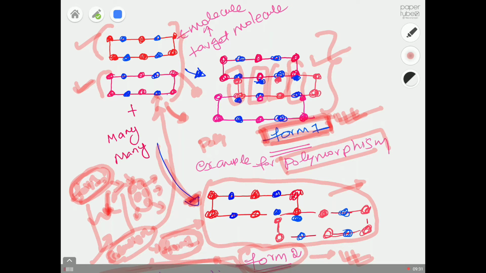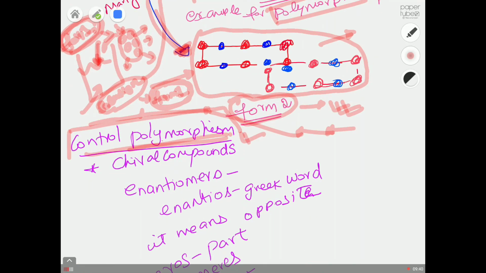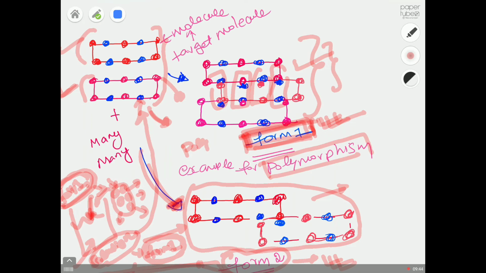This is such a cool experiment, and that's why industry goes for the crystal growth process. Whenever they want to crystallize a particular form of a target molecule, they go for a crystal growth experiment instead of nucleation.